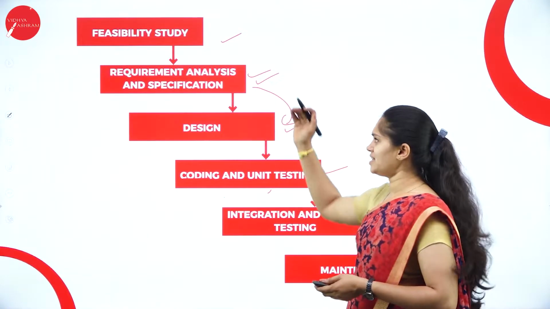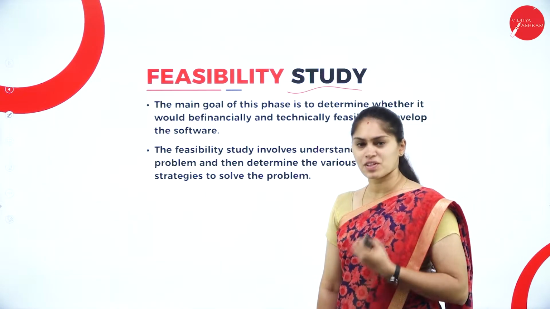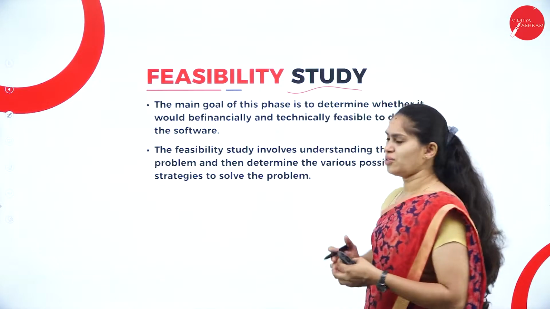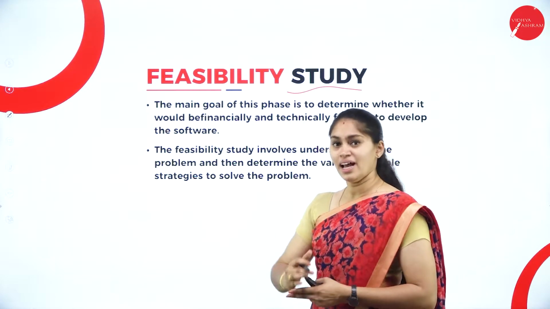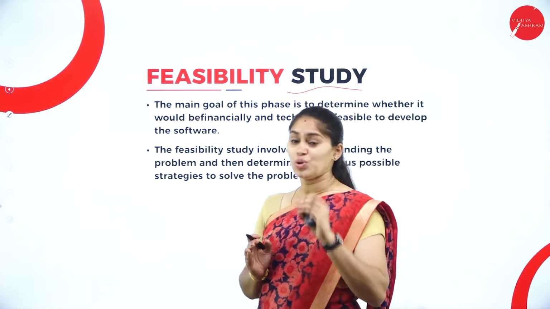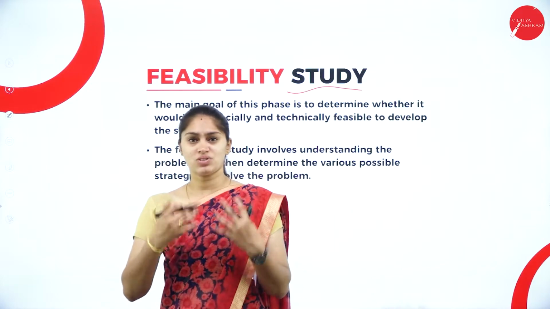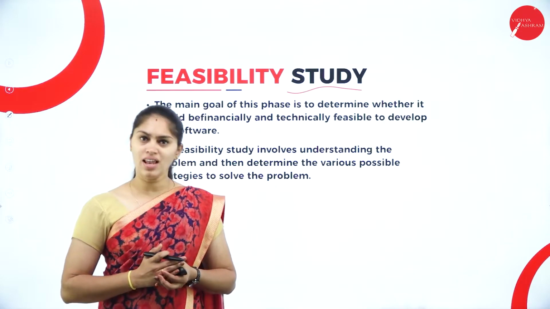Now we'll see each stage one by one. First is the feasibility study. In this, the problem is going to be analyzed in terms of money, time, and technical aspects. Both the user and the company have to think whether we benefit by implementing this model or project.